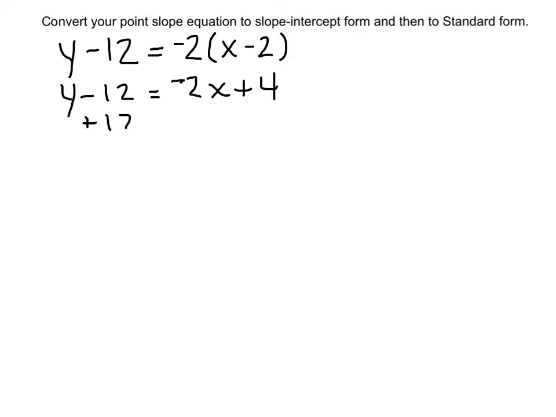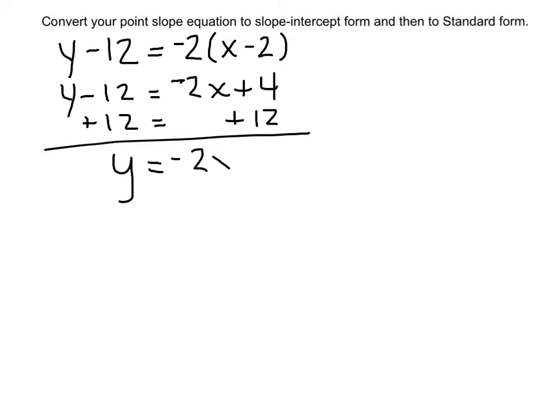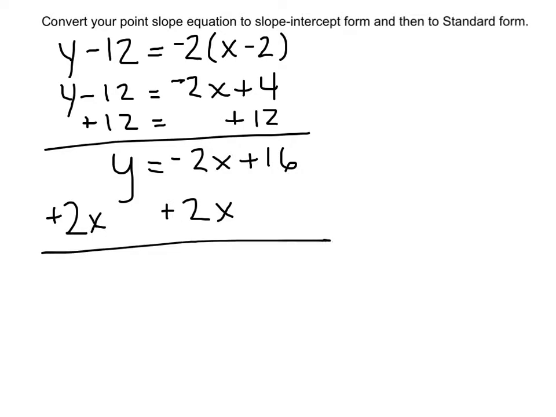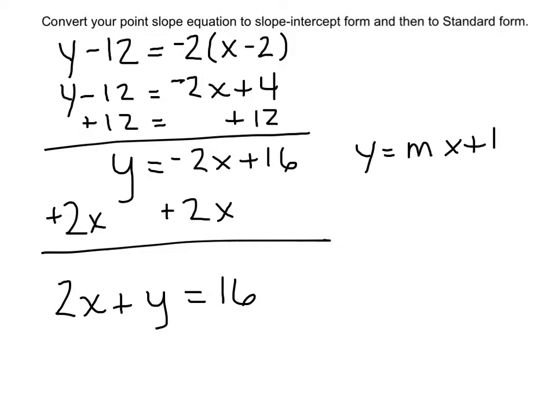I'm going to convert this to slope-intercept, and then I'm going to convert this to standard. So my standard form is 2x plus y equals 16. Slope-intercept is y equals mx plus b, and standard form is ax plus by equals c.